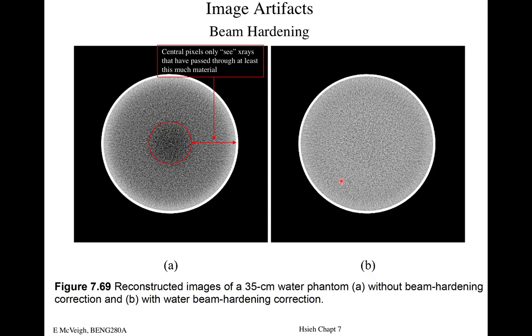So to do this, you can imagine you do a first pass recon, and then look at the object and say, okay, how far through did I go? And you can make your estimates of what your beam hardening will be from that lower quality image, in order to correct for that beam hardening.